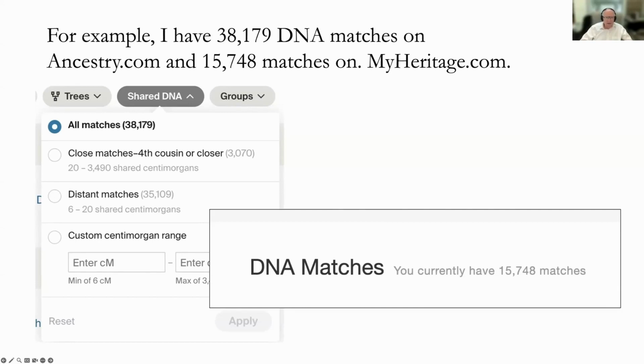And so even in the last couple of weeks, it's gone from 15,748 on MyHeritage up to that number, which was lower a while ago. So you can see that it's just a lot of information. And when you're moving into that, it can be overwhelming.